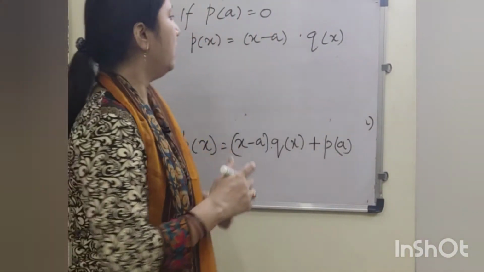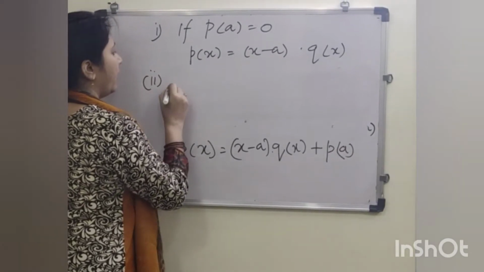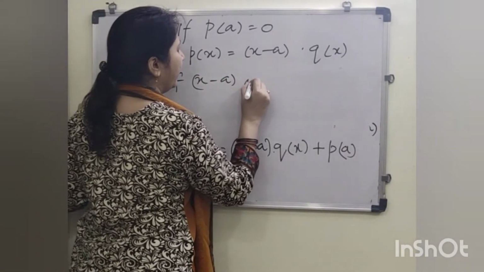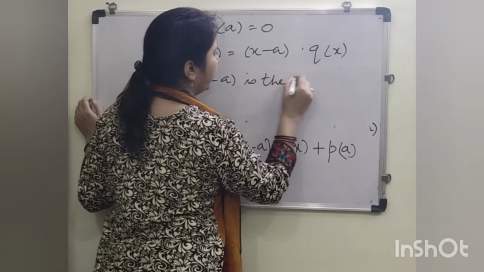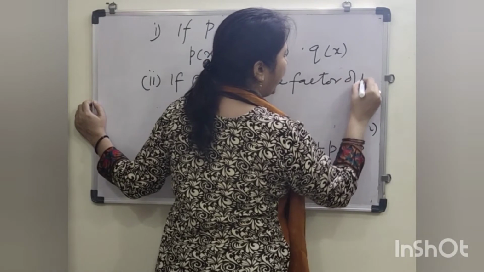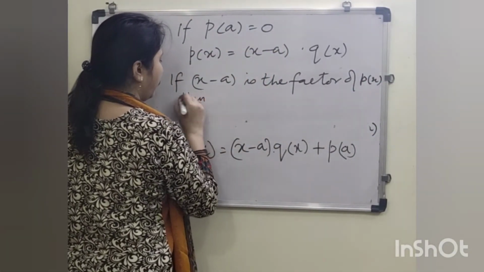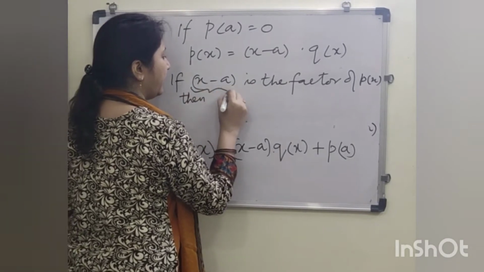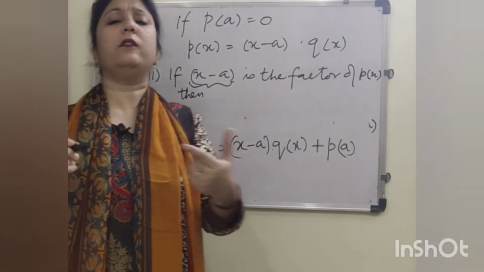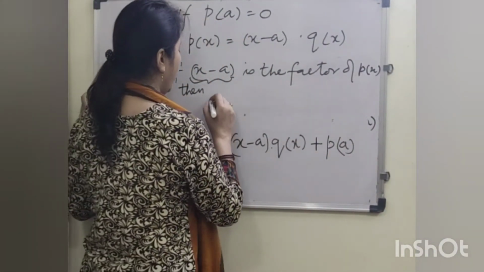Now the second one, if x minus a is a factor of P(x), then what we can do? We can take x minus a as 0 and put x is equal to a on both the sides.